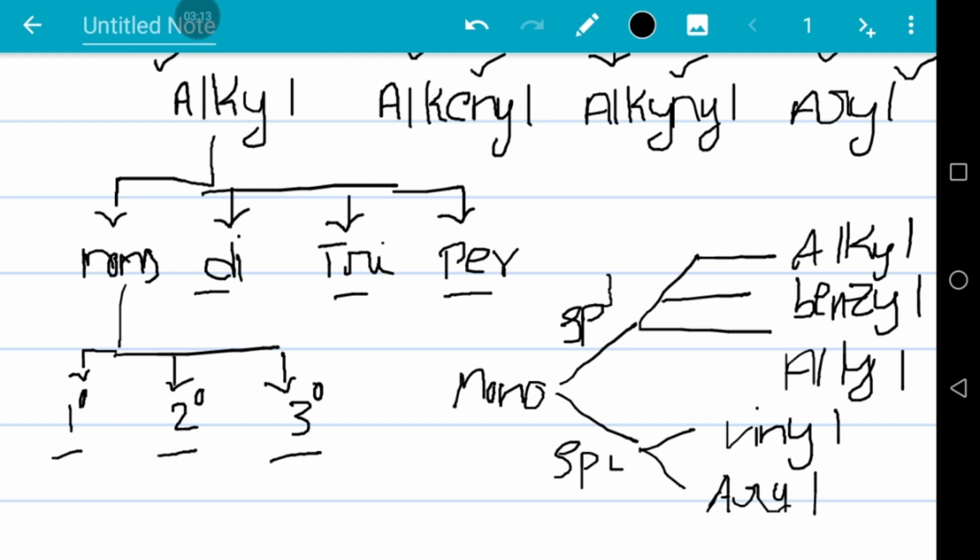And one more classification based on the hybridization: based on the sp3 hybridized carbon, three types, that is the alkyl halides, benzyl halides, and allyl halides. And based on the sp2, that is the vinyl and aryl halides. So this is the classification of halogen compounds.